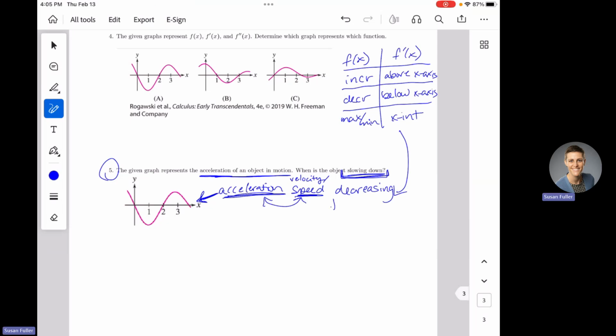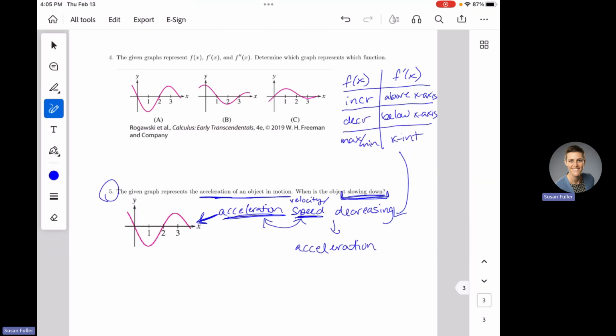So if the speed is decreasing, what's happening on the acceleration graph? Acceleration is the derivative of speed or velocity, so velocity or speed is my original, and acceleration is the derivative of that. If my speed or velocity is decreasing, my derivative, my acceleration, is going to be below the x-axis. So really, this question is asking where my acceleration is below the x-axis.